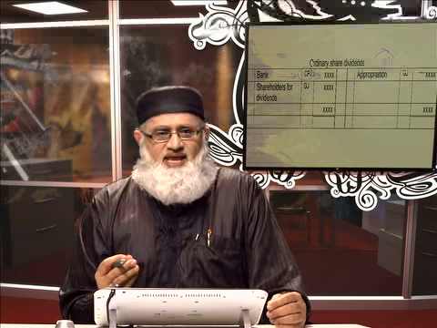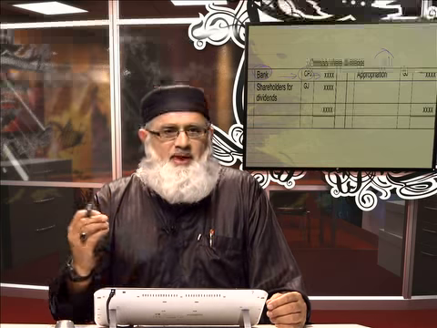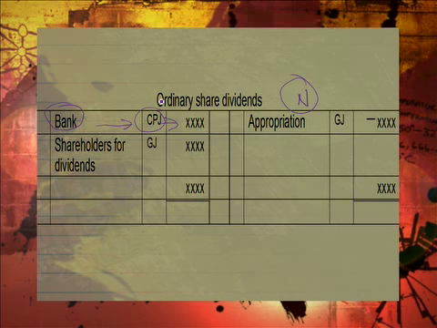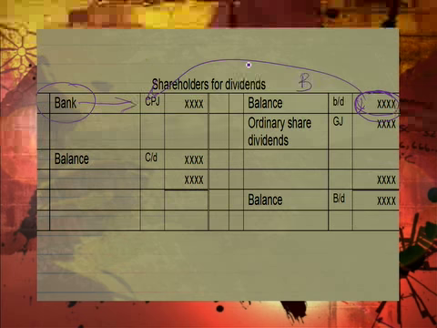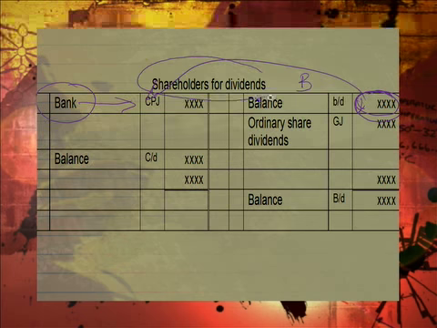Nowhere does it say that the dividend was paid. So in other words, my two accounts involved are, let's identify the two accounts. They are ordinary share dividends, and who do I owe the dividend to? Definitely, it's owed to my shareholders for dividends. Clear, guys?